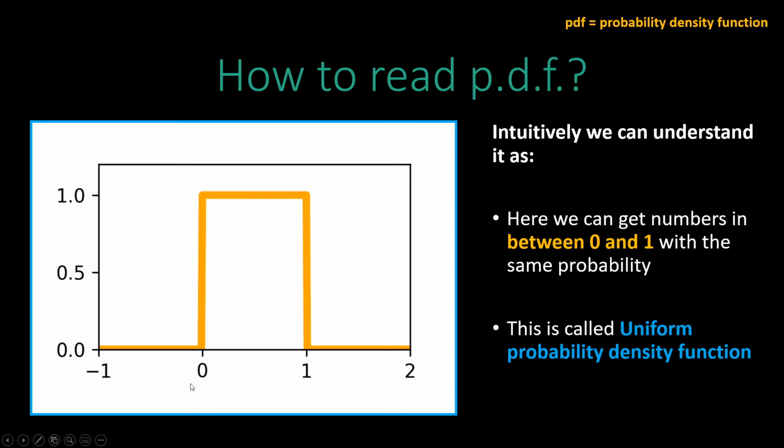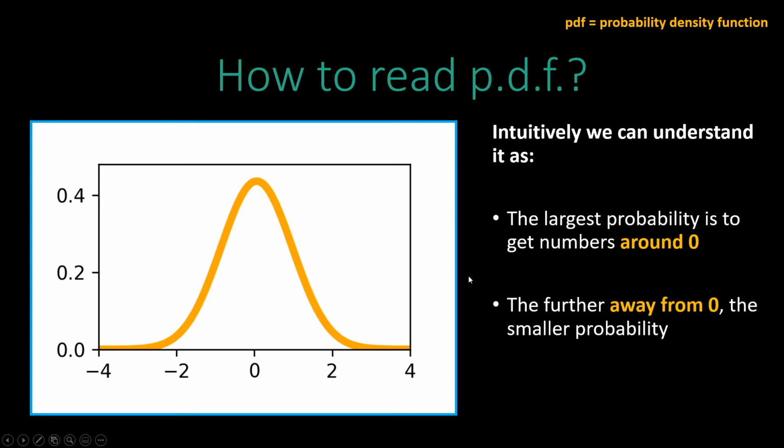When we look at it, the probability of getting anything from here or from here is 0. But all the numbers that you will be getting will be from 0 to 1, and all the probabilities of getting those numbers will actually be the same. So this is a uniform random distribution of getting numbers between 0 and 1.